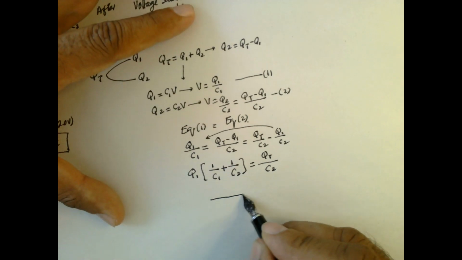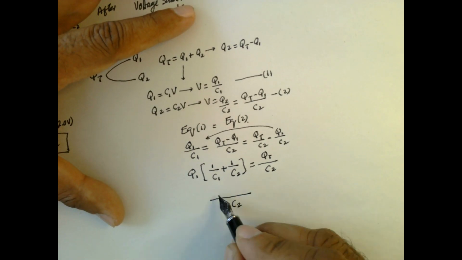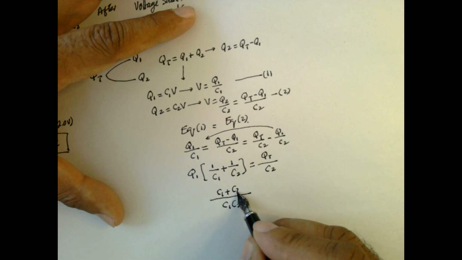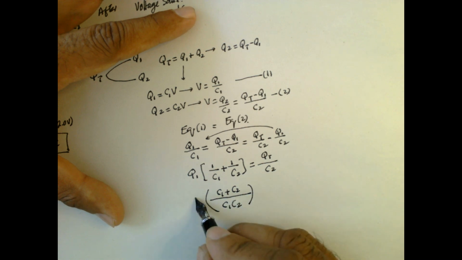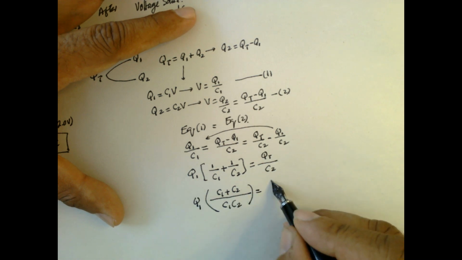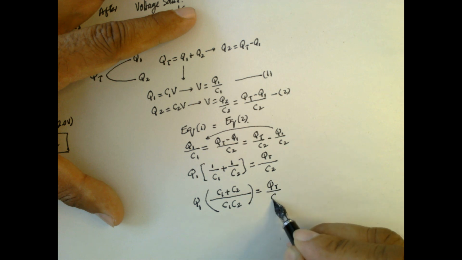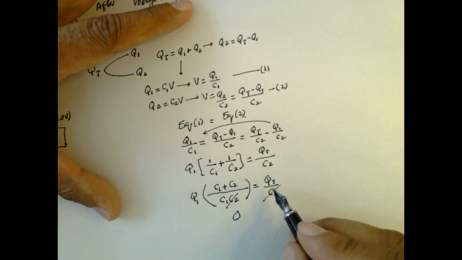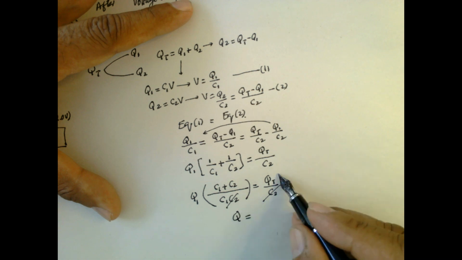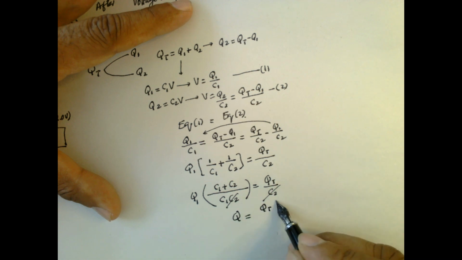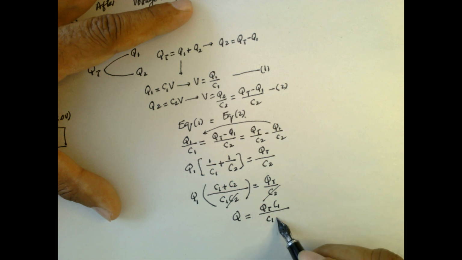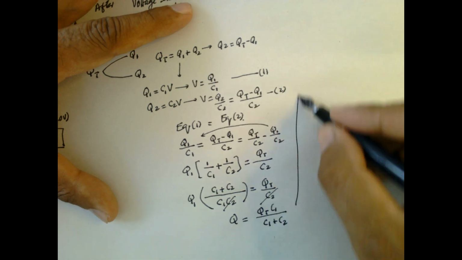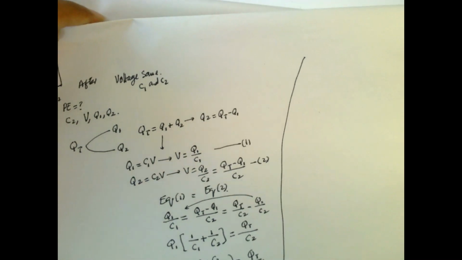Taking the LCM C1 C2, C1 plus C2 over C1 C2 into Q1 is equal to Q total over C2. C2 cancels.